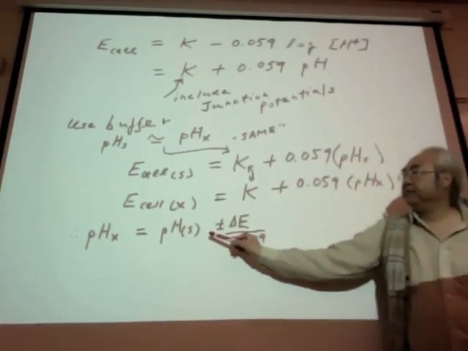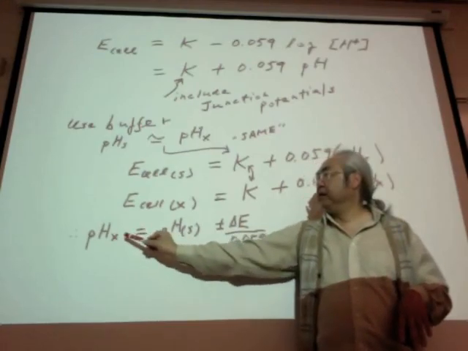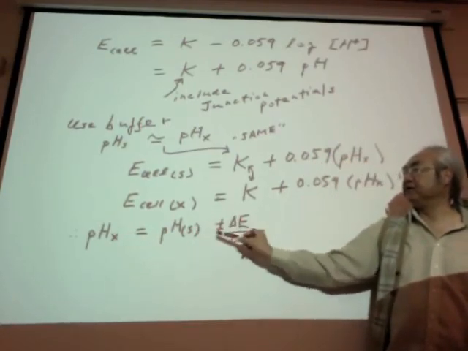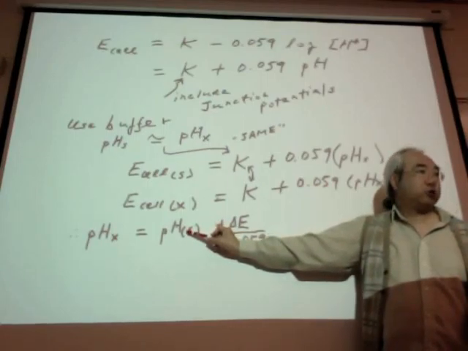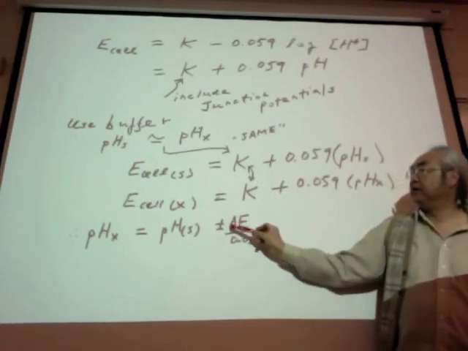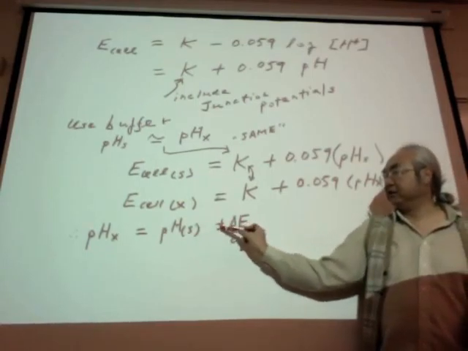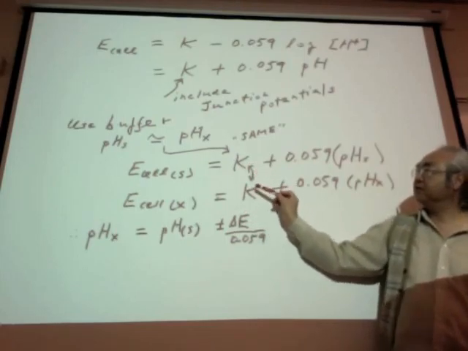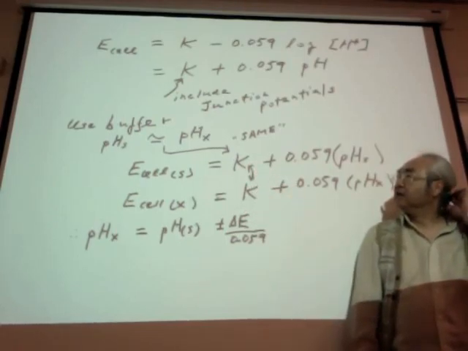The difference between the unknown pH and your buffer is going to be how close your buffer is to the unknown. So the smaller the difference, the better, to calibrate more accurately.